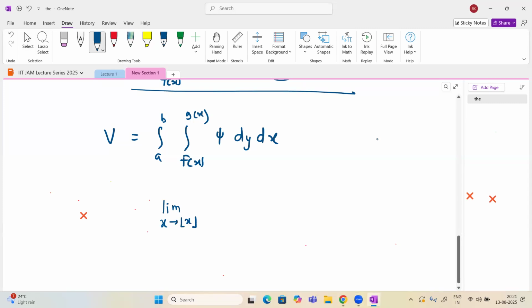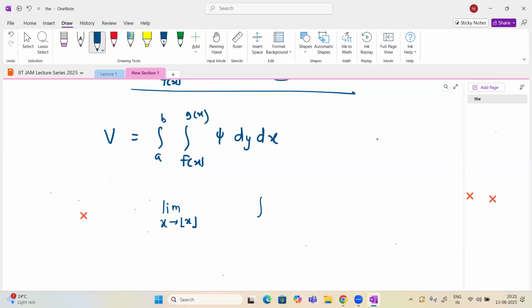This kind of thing you want? Yes, sir. And what do you want to ask? So in the previous question, there is a limit for y from 1 minus x square something, and if you replace y's limit with the greatest integer of x.